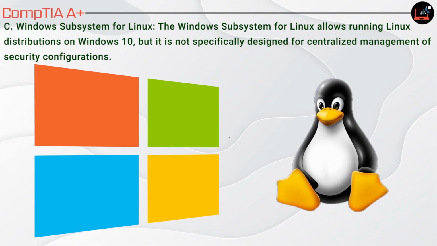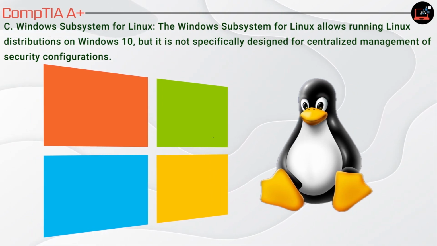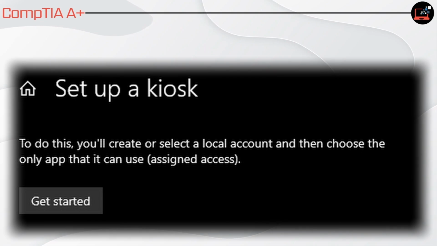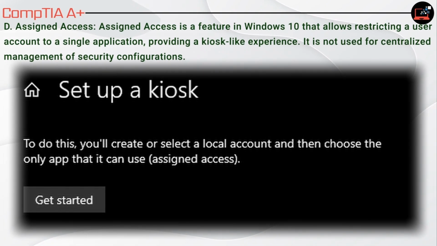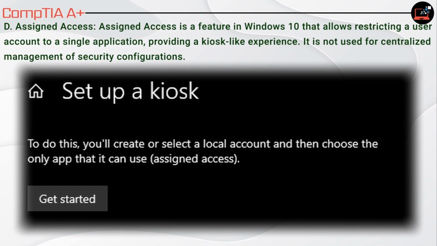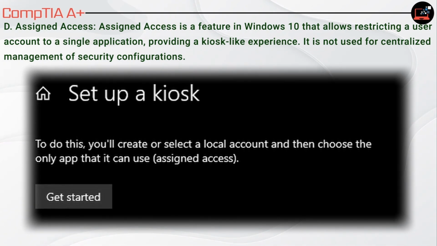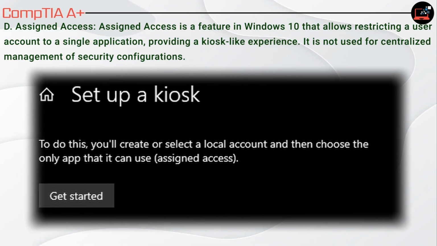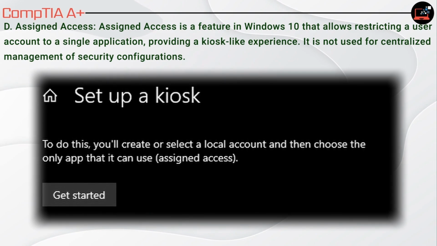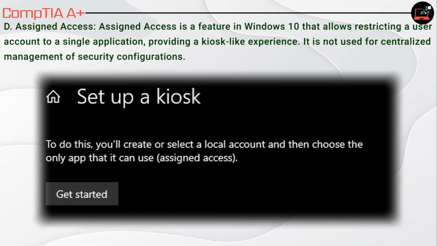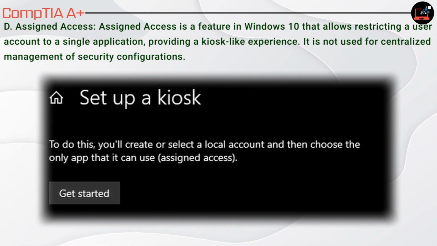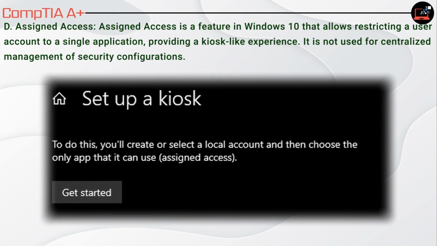The Windows Subsystem for Linux allows running Linux distributions on Windows 10, but it is not specifically designed for centralized management of security configurations. D. Assigned Access. Assigned Access is a feature in Windows 10 that allows restricting a user account to a single application, providing a kiosk-like experience. It is not used for centralized management of security configurations.